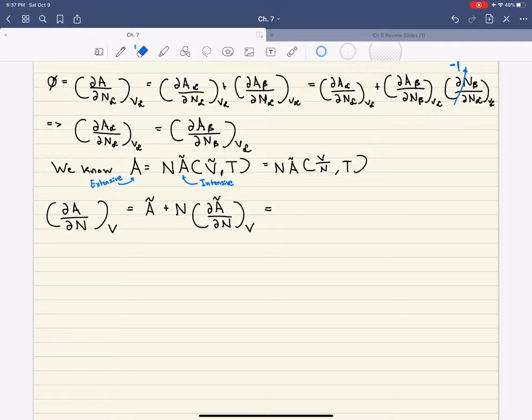But we know that A squiggly is a function of V over N itself, right? And so when we write it out, we could rewrite the derivative like this.